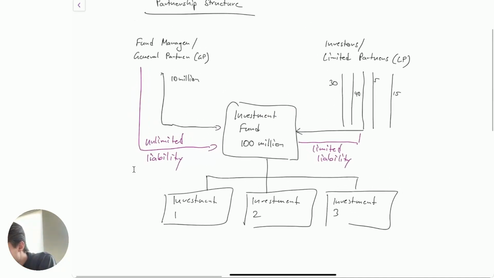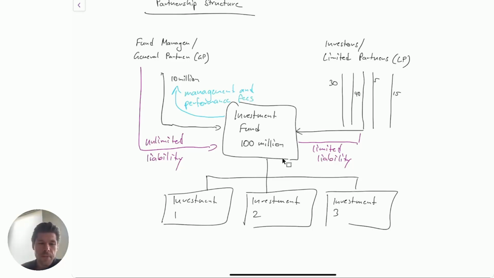How do they get paid? So because the fund manager, the general partner, is actually organizing the investment fund, they get paid via so-called management fees, and many times so-called performance fees.